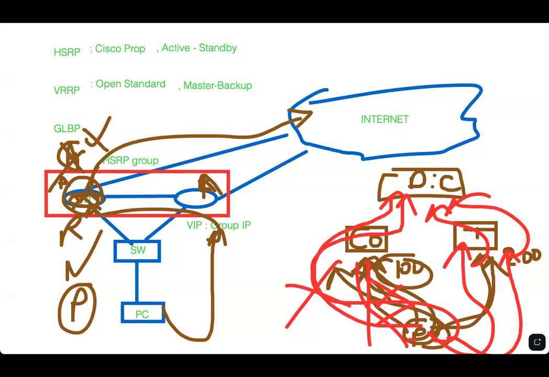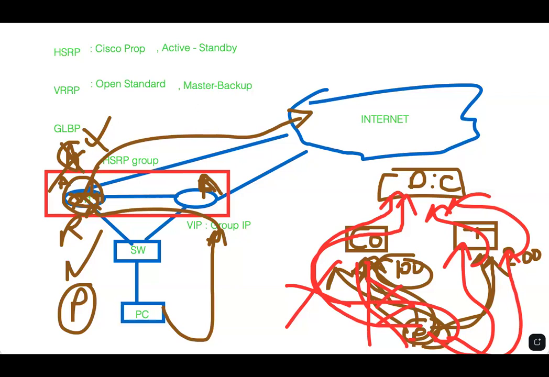We put one as root bridge for one VLAN, and the other as root bridge for another. Do you remember that concept? Here also, priority can be defined per VLAN level. So for one VLAN, router 1 can be active, and for another VLAN, router 2 can be active, so that you can load balance the traffic between both routers.